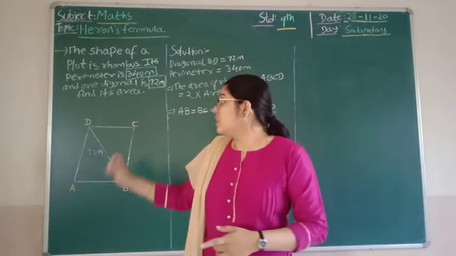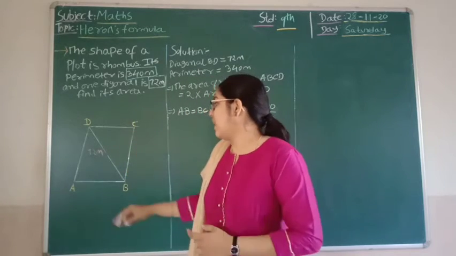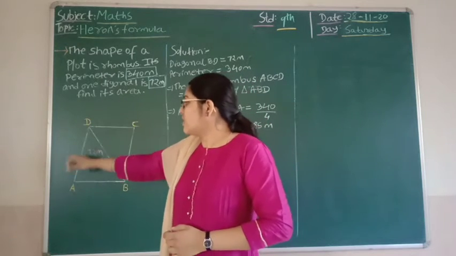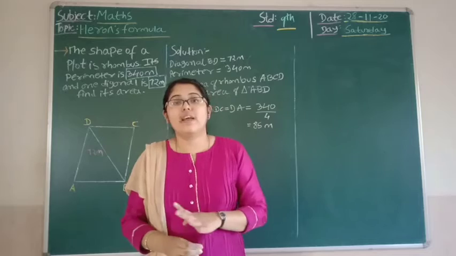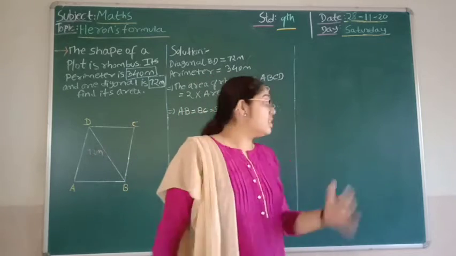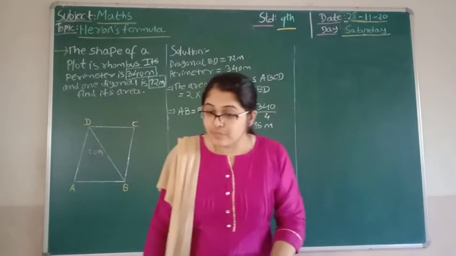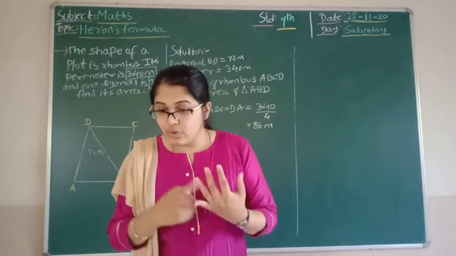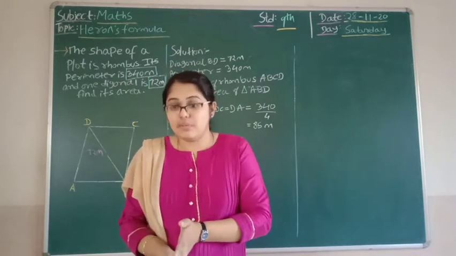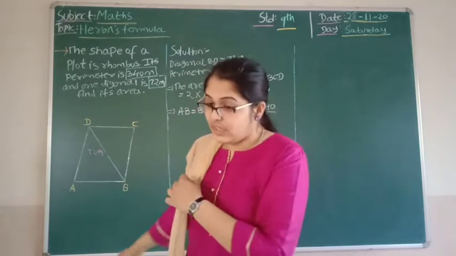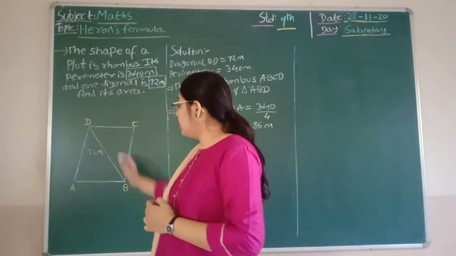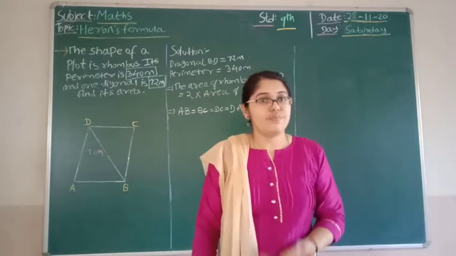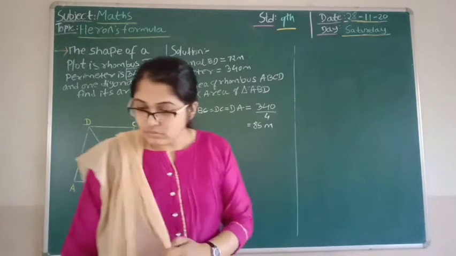This will be the side. So side AB, side BC, side CD, side DA, all have the side of 85 meter. Now we have the sides, so on that basis we can find the semi-perimeter and the area of triangle ABD.